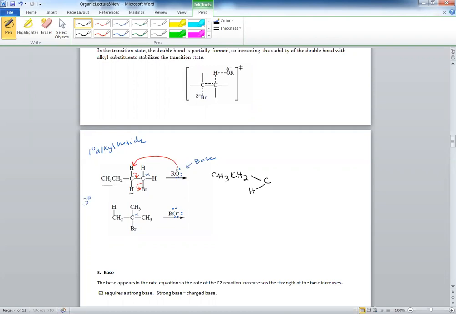That's this H. Okay, let me make this a little bit more clear. Then you have a double bond. And then CH and CH.